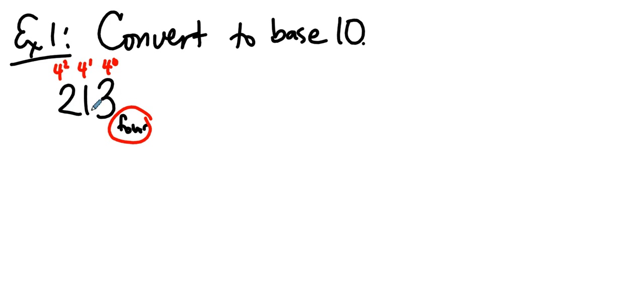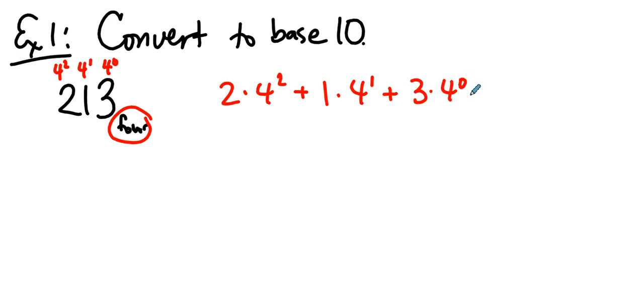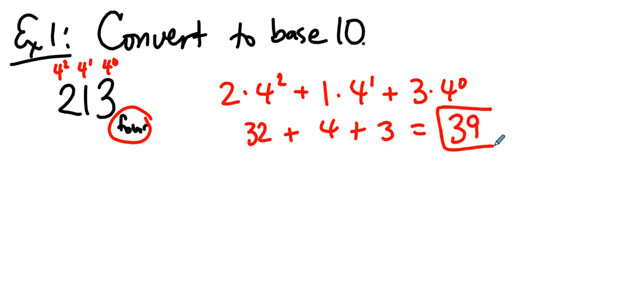So the number 213 in base 4, that's 2 groups of 4 squared, 1 group of 4 to the 1, 3 groups of 4 to the 0. Well, that's 32 plus 4 plus 3. So we call that number 39. The number 213 in base 4 is the number 39.